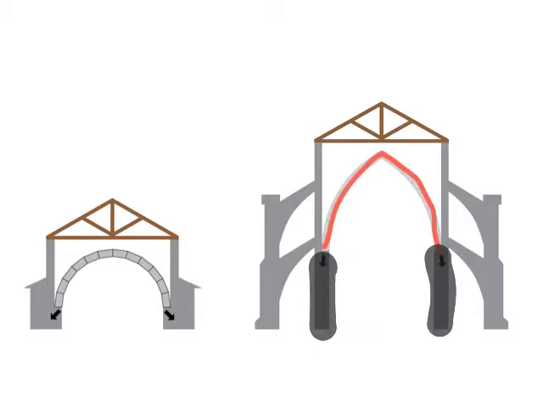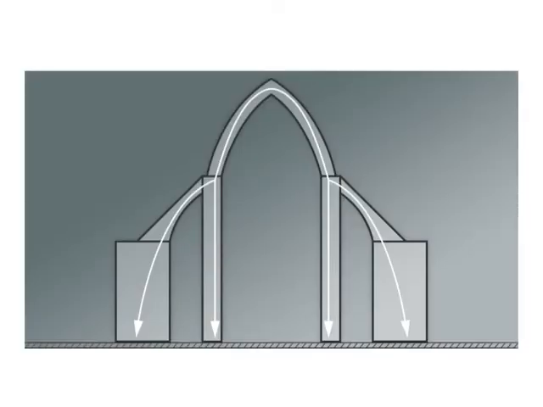And you can also add other arches, called flying buttresses, off to the side like this, and transfer even more of the forces out to the side. That led to these very graceful, tall, beautiful Gothic cathedrals. And the big advantage is that you can have these very, very narrow walls.